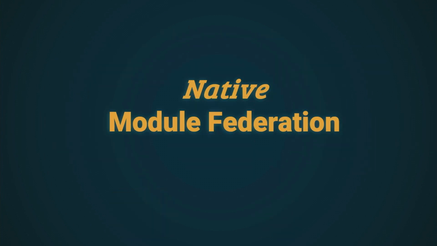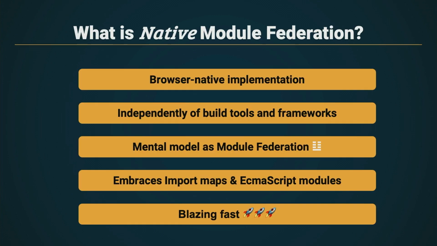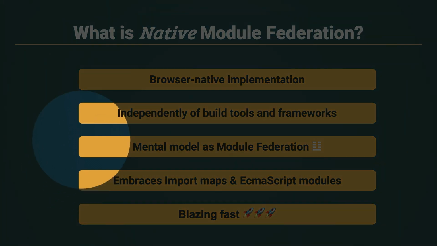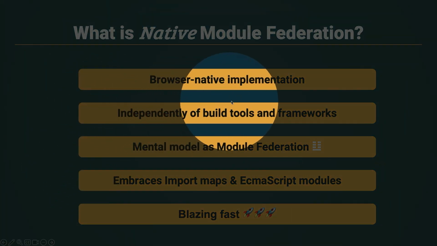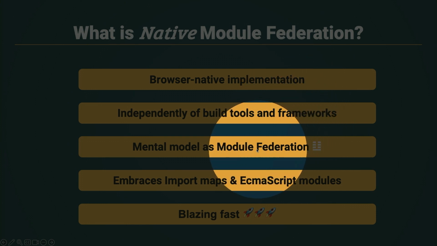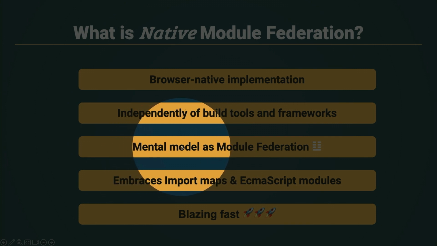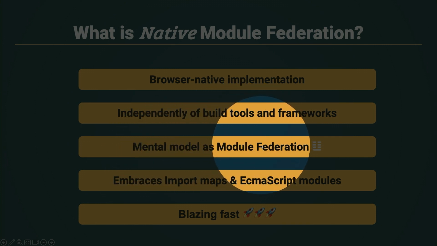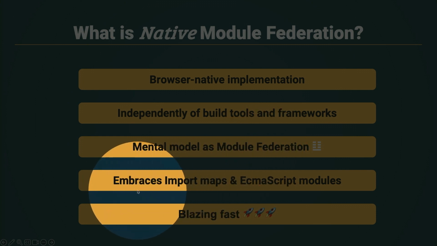We also have Native Federation, another flavor of the Module Federation framework. It uses the same configuration, but it is browser native, build-tool agnostic and framework agnostic. You can use whatever framework you like. It uses the same mental model as Module Federation, so you can configure it the same way.